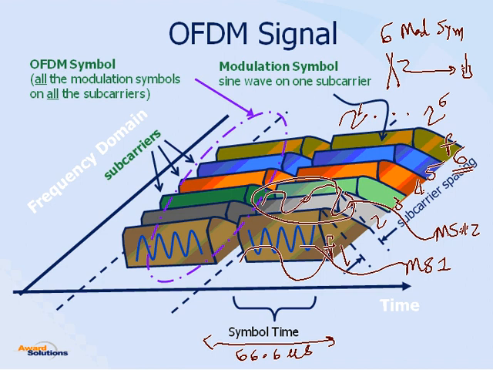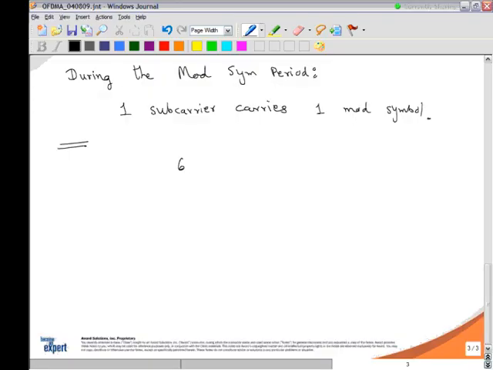Let's calculate the data rate for this very simple example, and that will start giving us an idea of how these OFDM systems are able to get very, very high data rates. So we have a tiny time period, 66 microseconds, right?